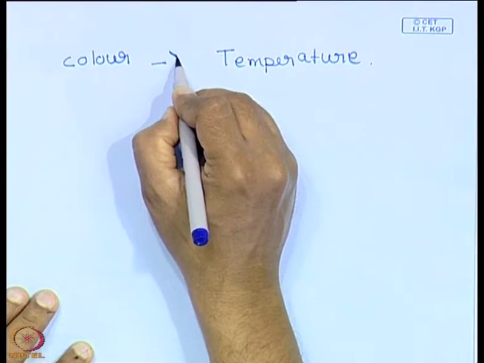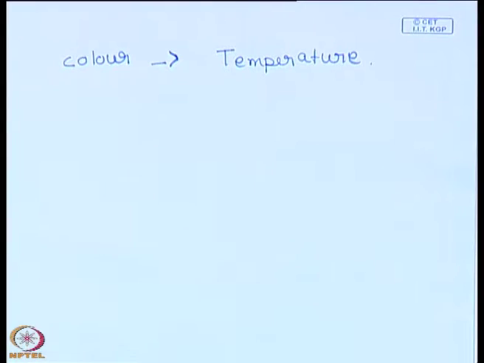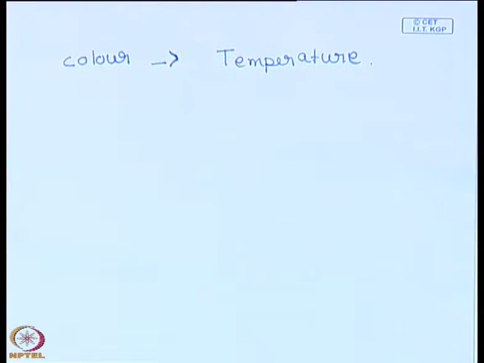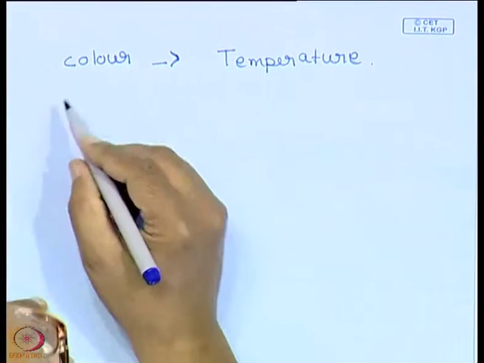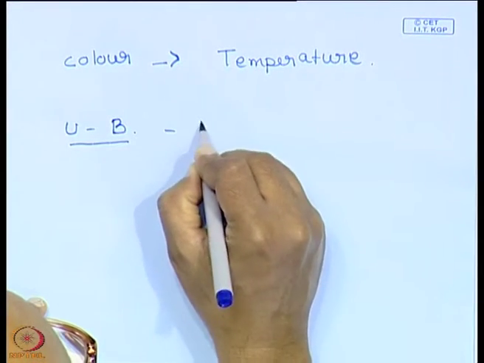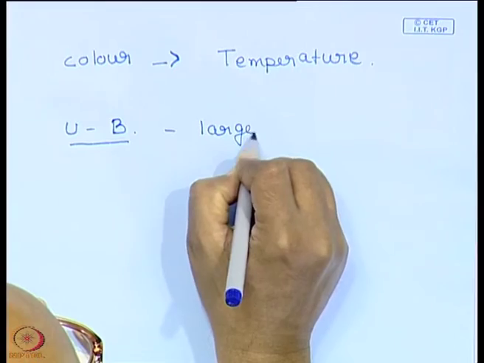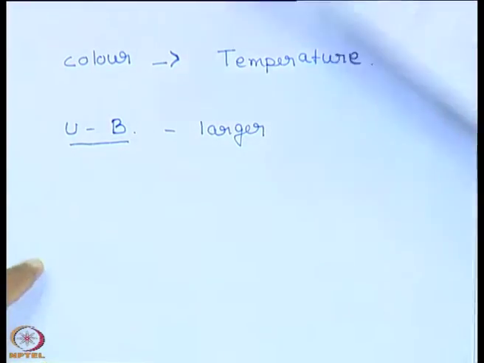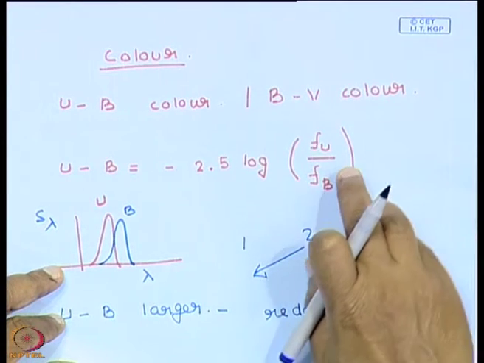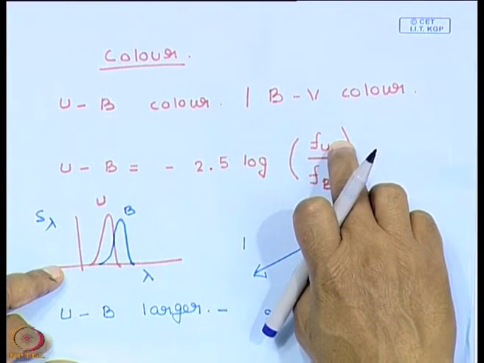If you can think of the radiation from the source in terms of the black body spectrum, which we have already discussed, then the color gives an estimate of the temperature, and the larger the color, say let us look at the U minus B color, if it is larger, it tells us that the flux in the blue band is more than the flux in the ultraviolet.